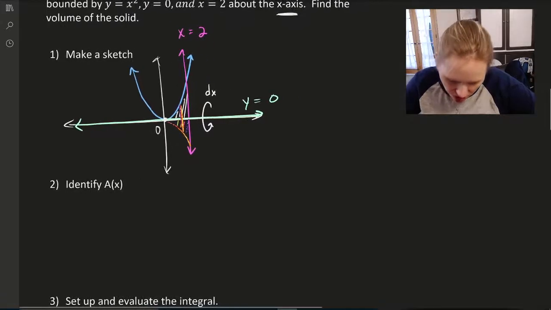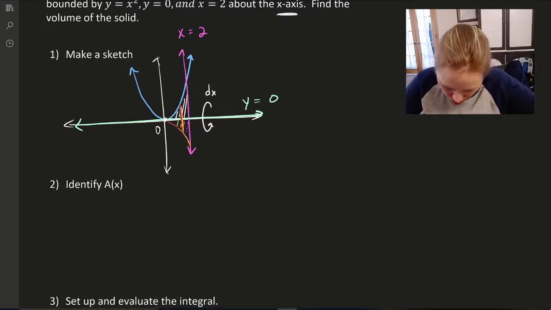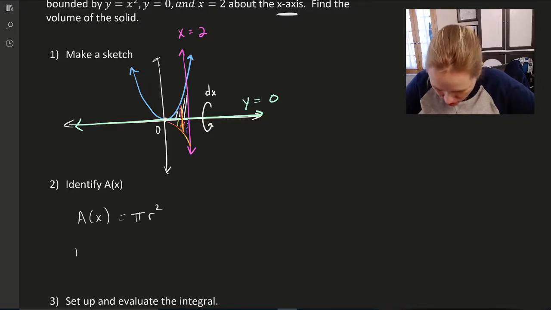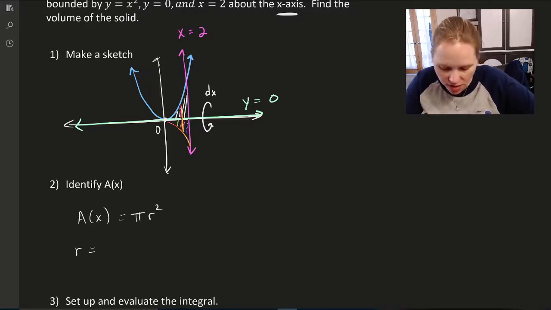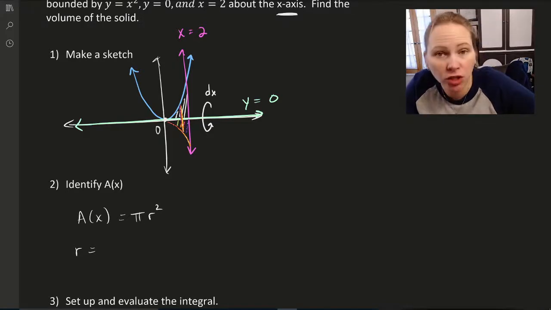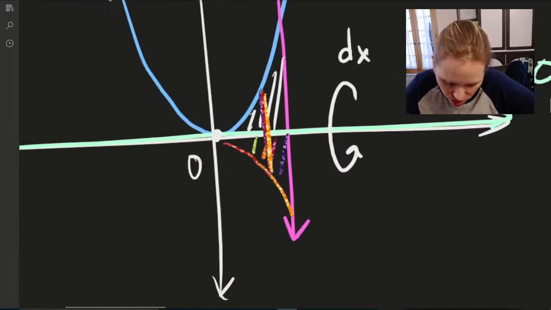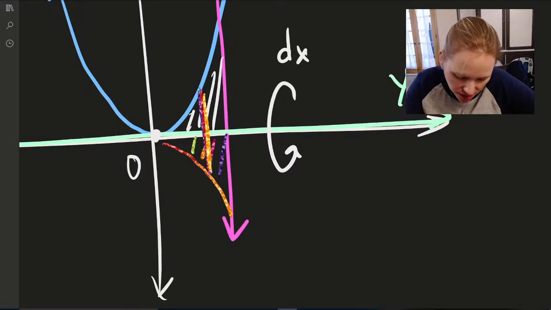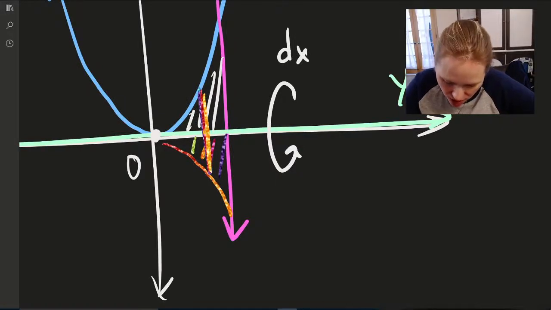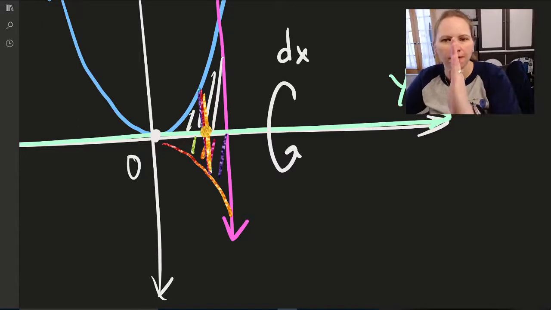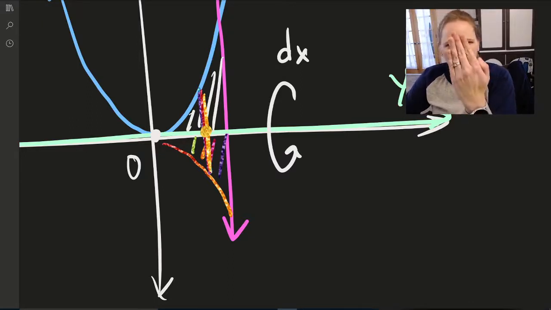So let's identify the area function. Well, the area function is going to be pi r squared. So let's figure out what r is. R is the distance from the x-axis to the blue curve. So if I zoom in, this is r right here. So this slice is like looking at a quarter, and then you turn the quarter, right?